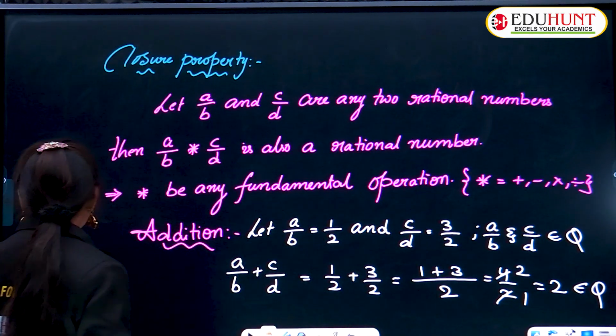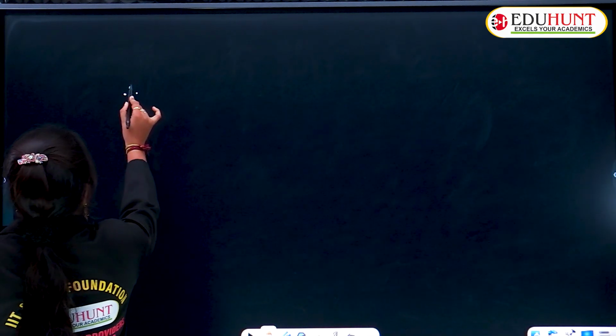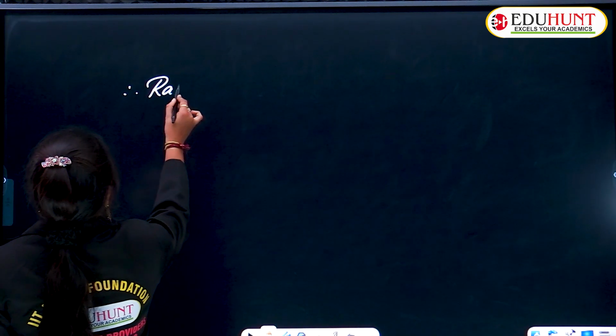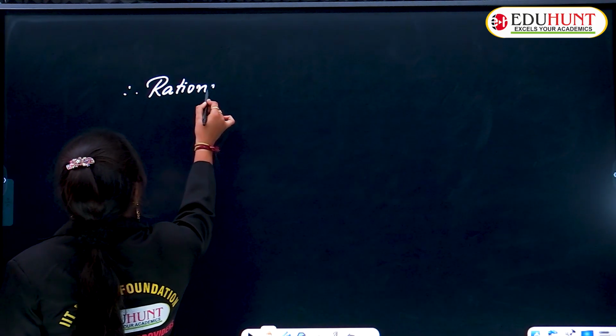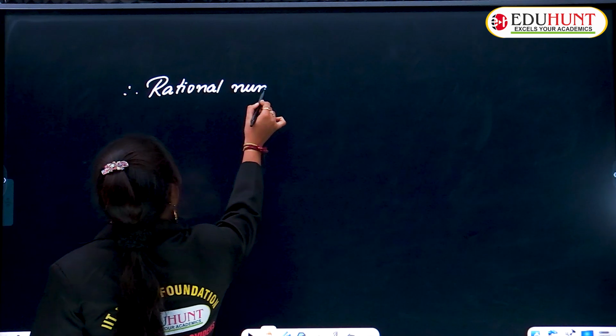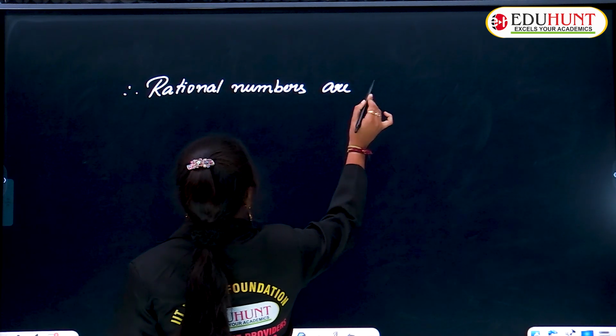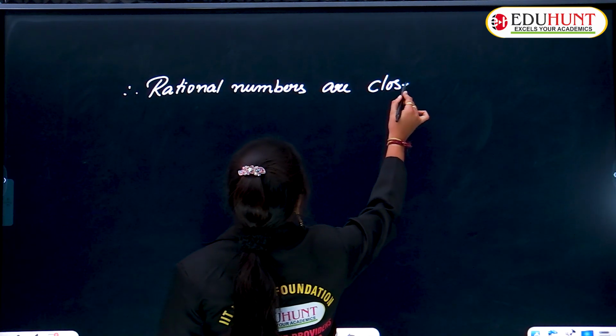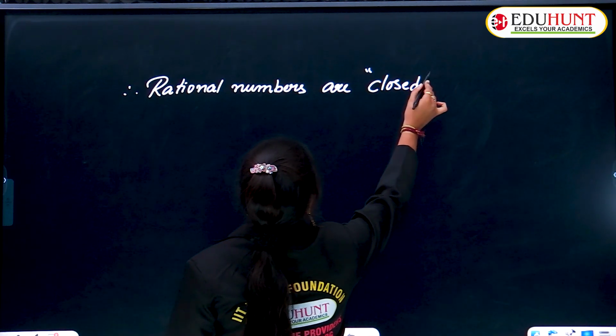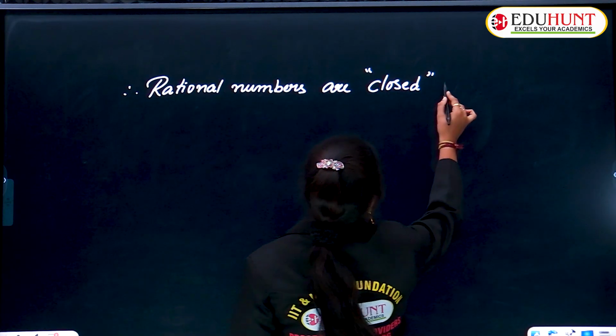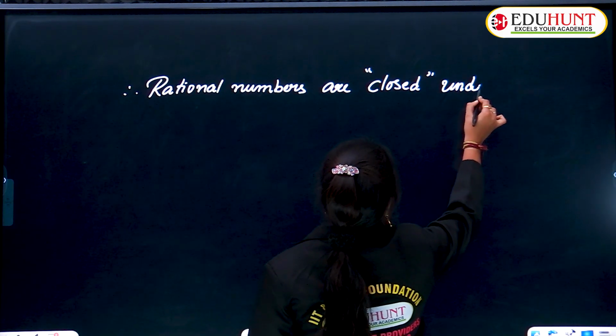So that's why we can state that rational numbers satisfy the closure property, that is, they are closed under addition. Okay, this is the property name: closed under addition.